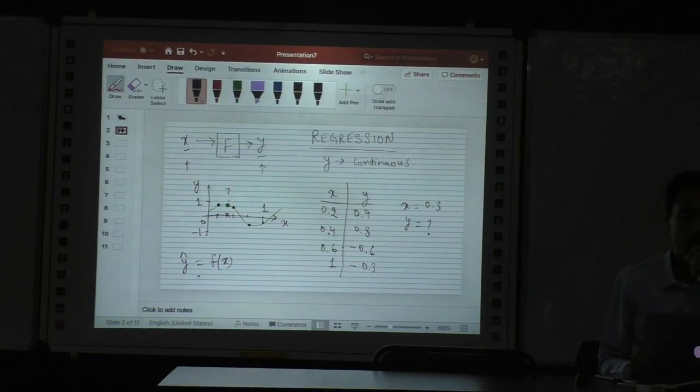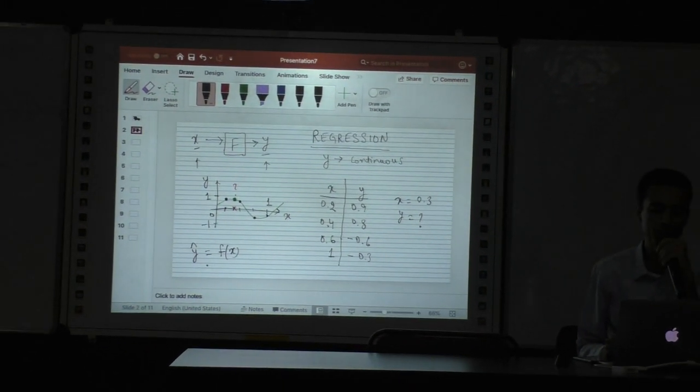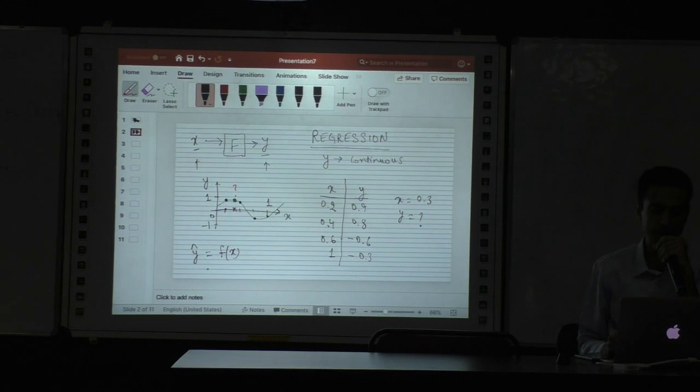So, okay, the simplest way to choose f is a linear model. I can say my y is some w0 plus w1 x plus w2 x square plus so on.